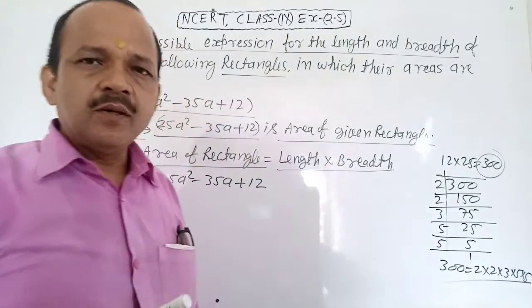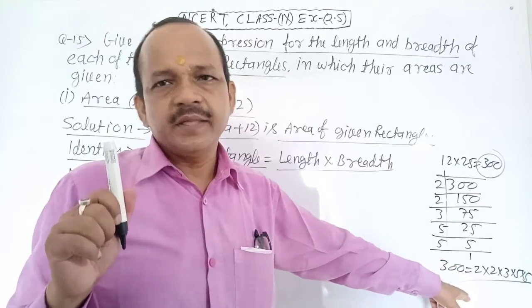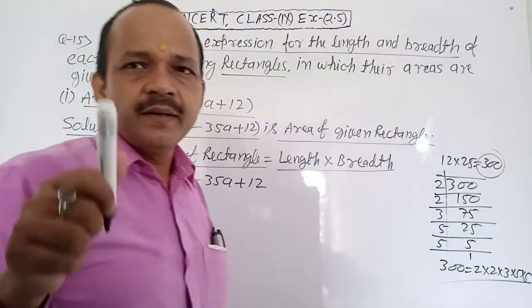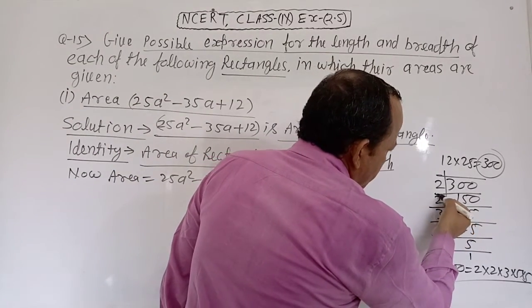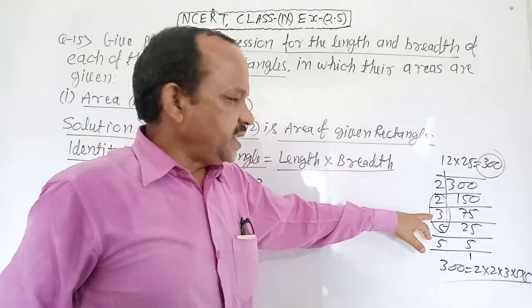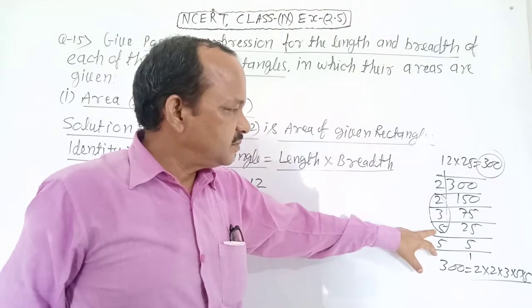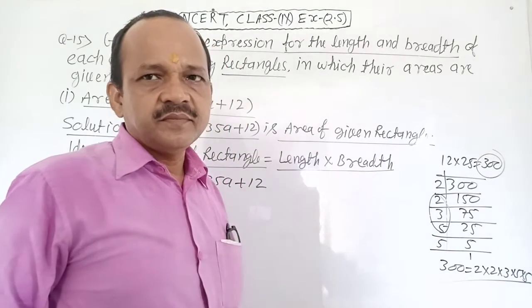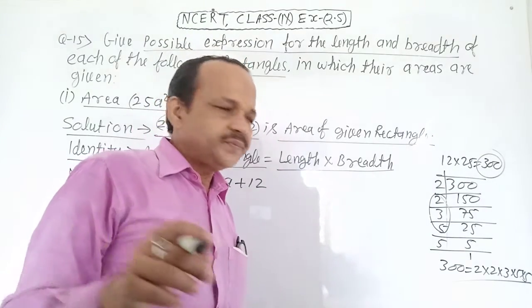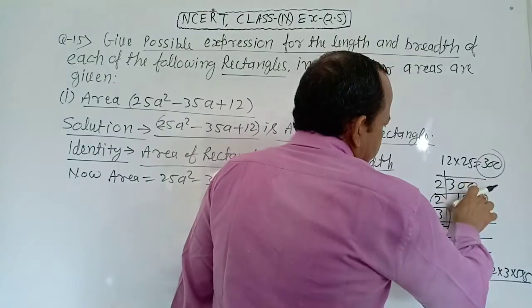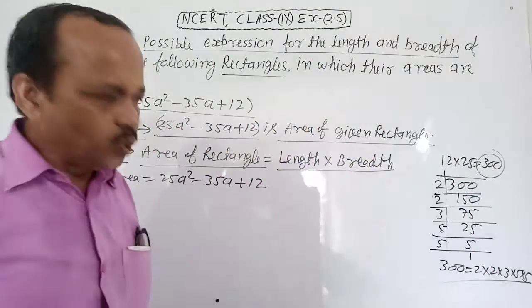Now you make two pairs of factors of 300. Clear? Here you can make pairs. 2 times 3 is 6, 6 times 5 is 30. You make two pairs.